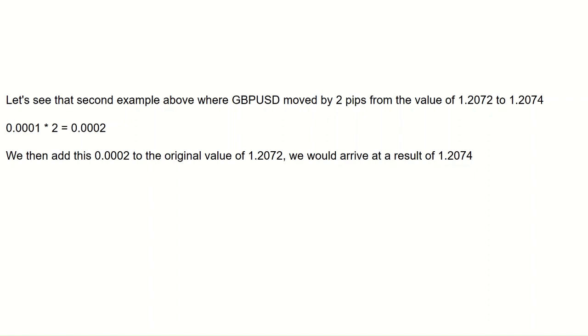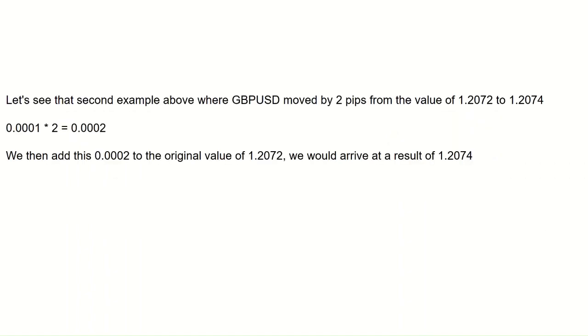Let me explain again. GBP/USD 1.2072 is the current market price. Then it made a movement of 2 pips. How do we calculate the 2 pips? 0.0001, which is the standard movement of pips, multiplied by the number of times GBP/USD moved, which is 2. Then it gives us 0.0002. Then we add that to the original value, and it gives us 1.2074.